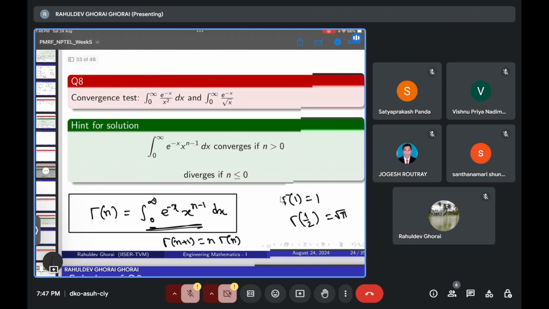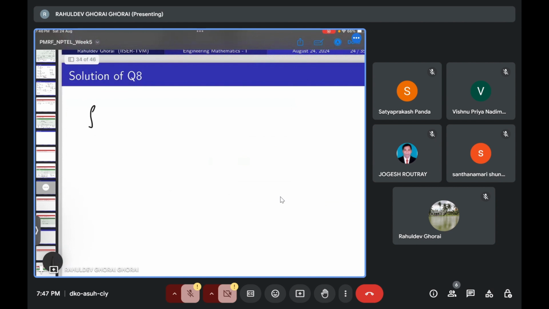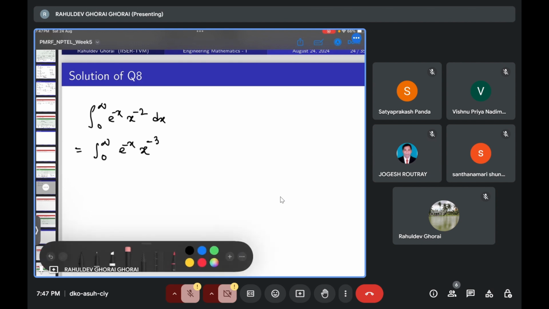So now let's do the integral from 0 to infinity of e to the power minus x over x squared, that is x to the minus 2. How do you write this in gamma form? This is the integral from 0 to infinity of e to the minus x times x to the power n minus 1, so n minus 1 is minus 2, which means n is equal to minus 1, which is less than or equal to 0.